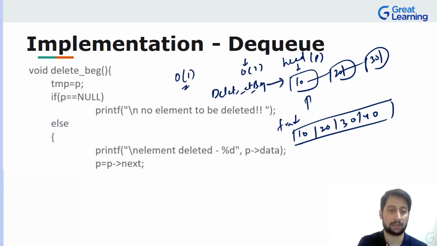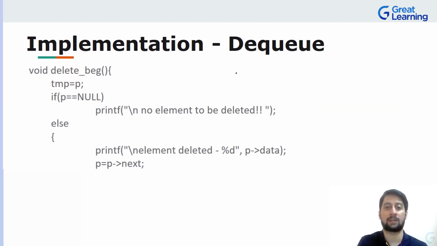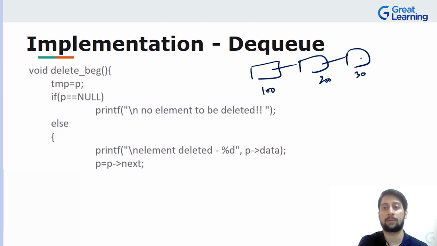Now let's clear this out and see how it is done. Let's suppose you again have two scenarios. You have 100 over here, 200, 300. You have data part 10, this is 200, you have 20, this is 300, you have 30 and this is null. Now this is one scenario, where P is pointing to this.